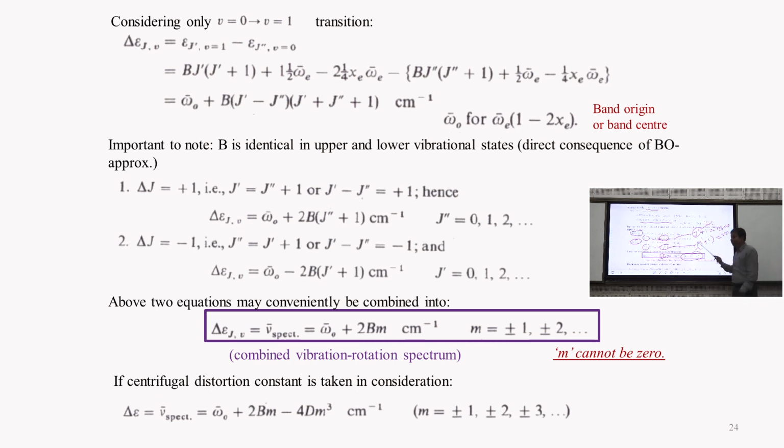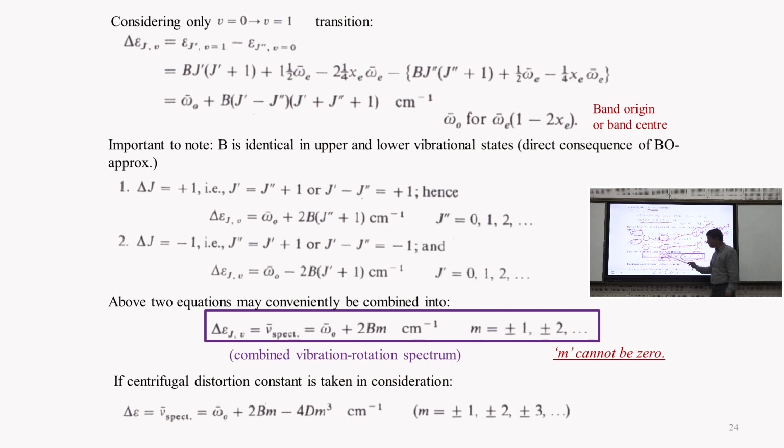If m cannot be 0, then in this expression, omega 0 plus 2bm, the 2b will always be there. You will not have any situation where you will see the center of the band. The center of the band comes at omega 0.